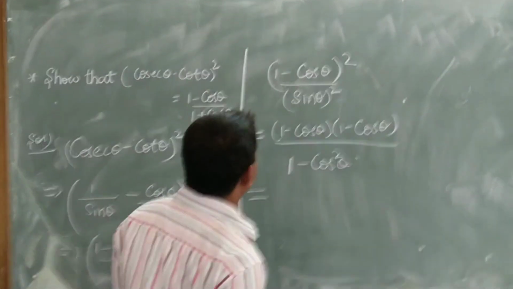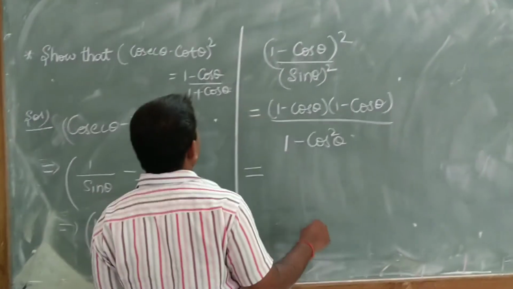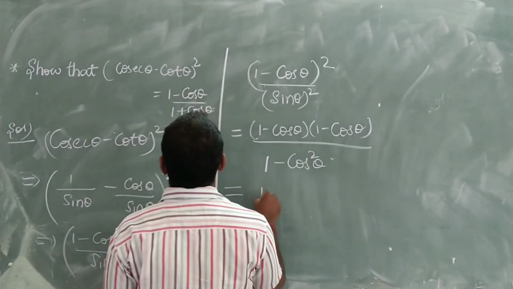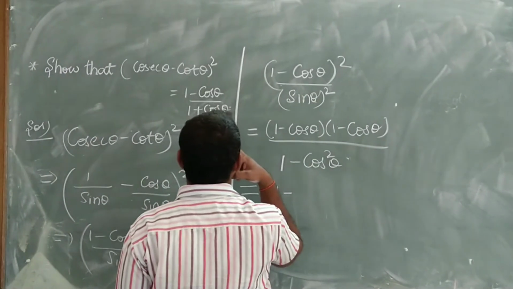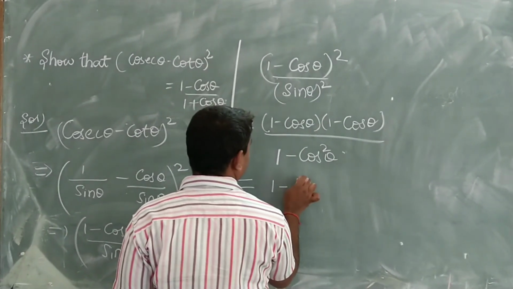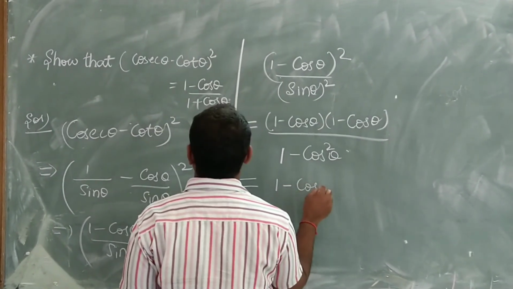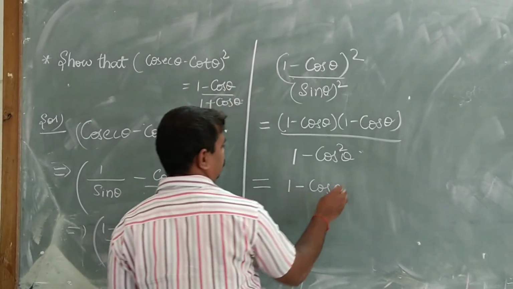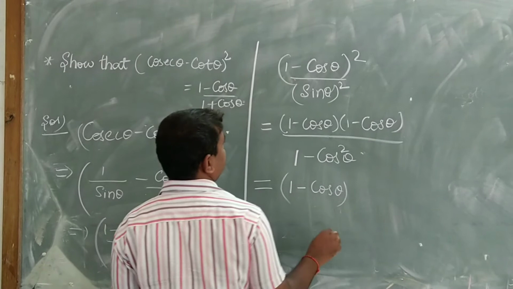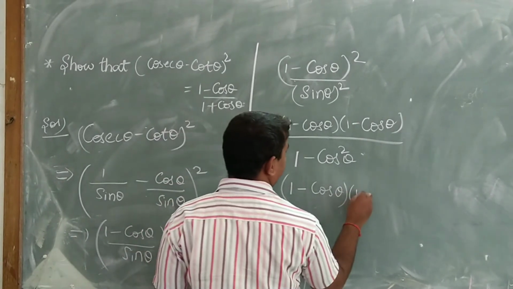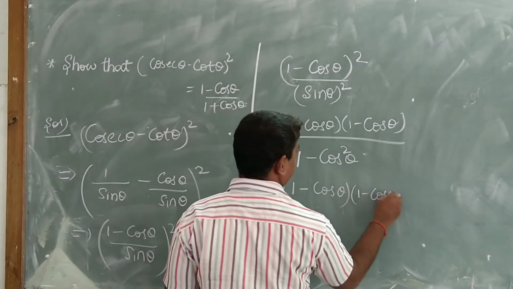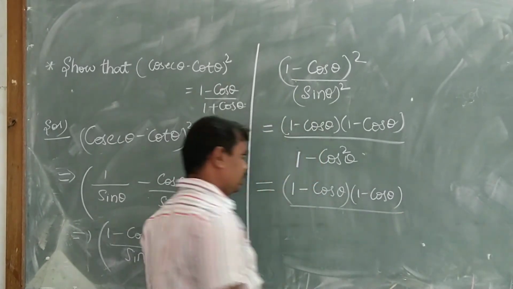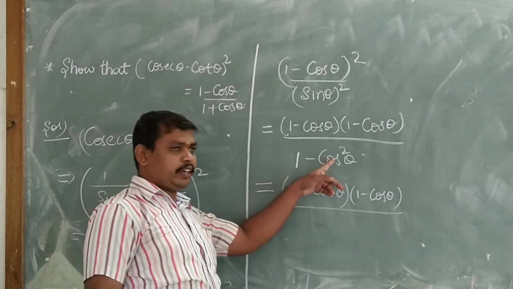Now how can we write this one? You can write this one as 1 minus cos theta into 1 minus cos theta. This 1 minus cos square theta, that is a square minus b square.